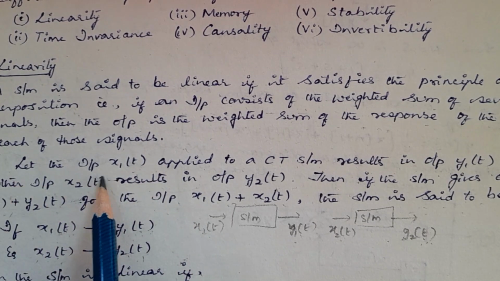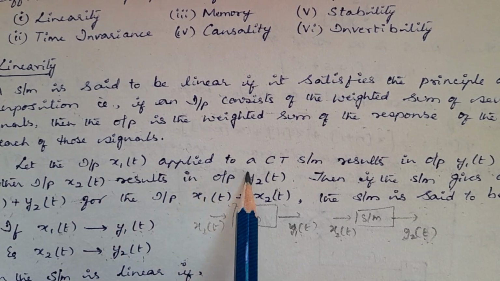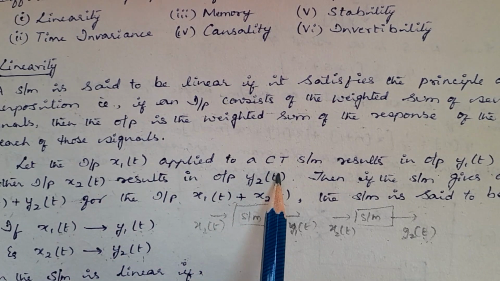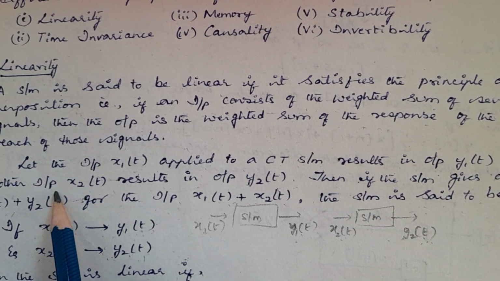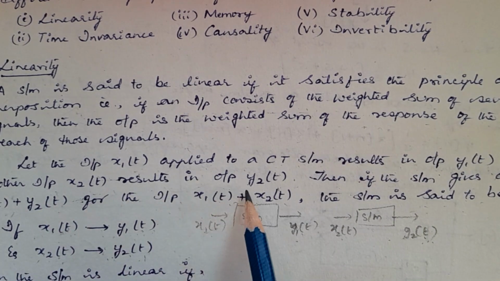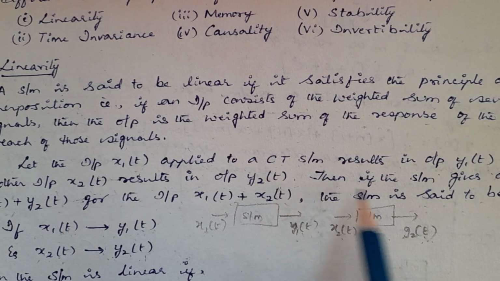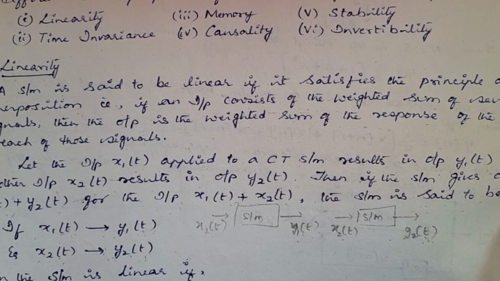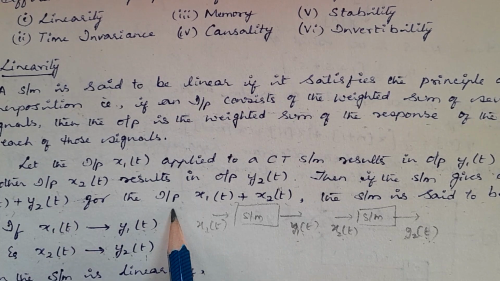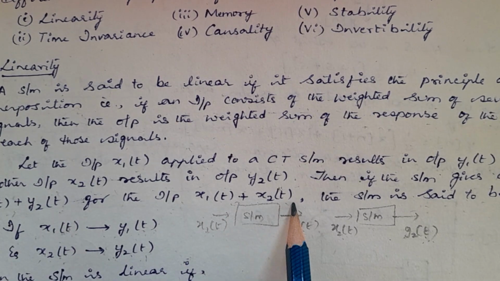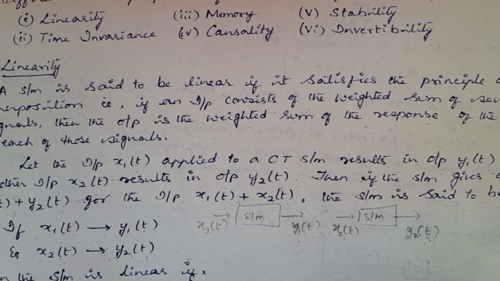Consider the input x1 of t applied to a continuous time system results in output y1 of t, and another input x2 of t results in output y2 of t. Then if the system gives output y1 of t plus y2 of t for the input x1 of t plus x2 of t, the system is said to be linear.